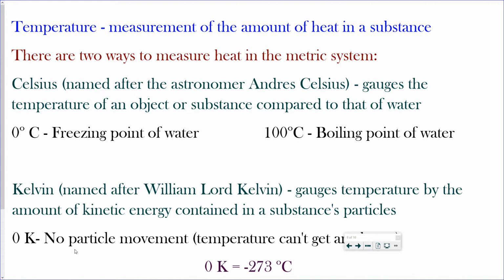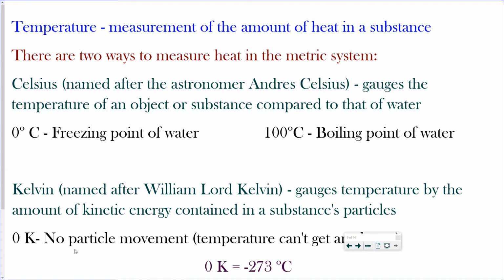So water freezes at 0 degrees Celsius and boils at 100 degrees Celsius. That is the temperature range for the Celsius. It makes a lot more sense than the Fahrenheit, which is based upon the boiling and freezing point of mercury. Well, we have a lot more mercury than we have water, so we like the freezing point of water better.